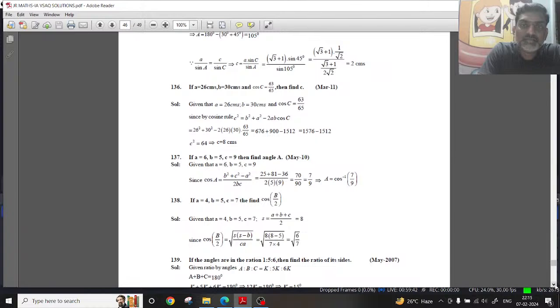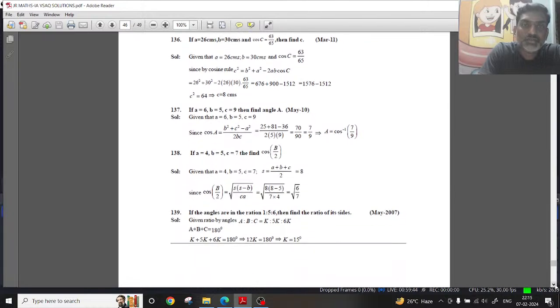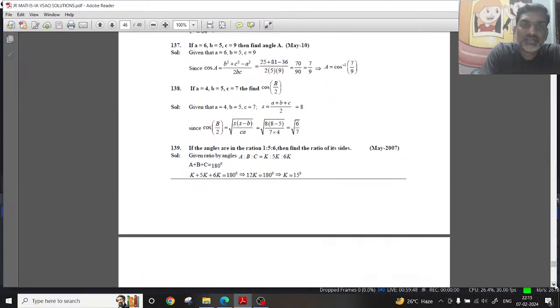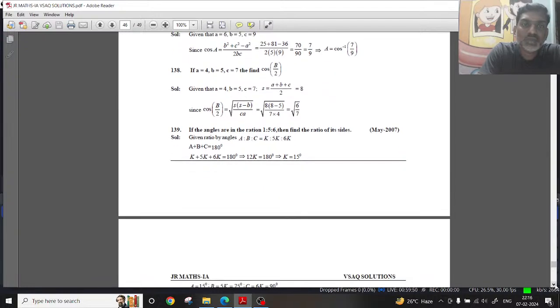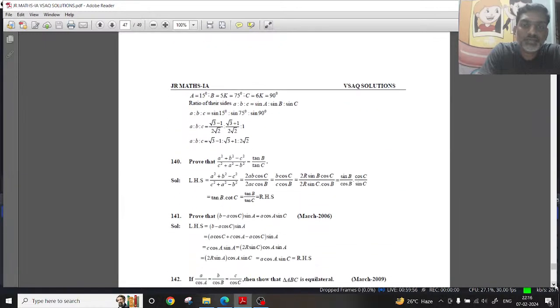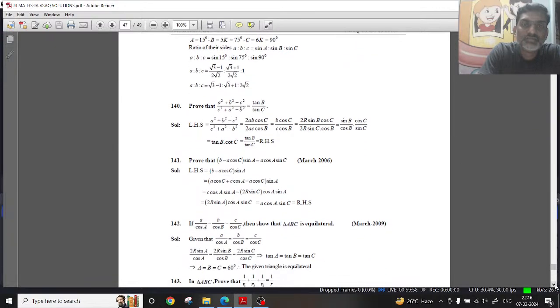136 also same, cosine rule we have to apply. 137 also, 3 sides are given and they ask the angle. 138 also same. 139 also, angle ratios are given, we can do it easily. 140, (a square plus b square minus c square) by (c square plus a square minus b square).